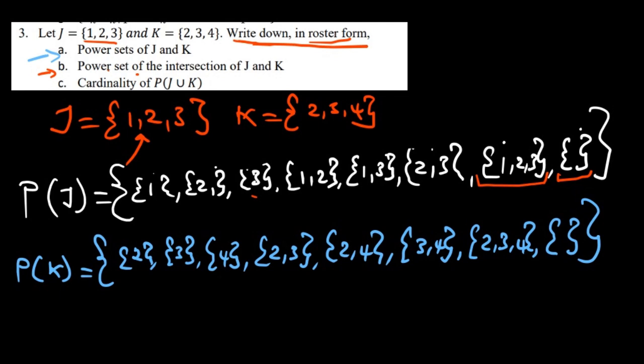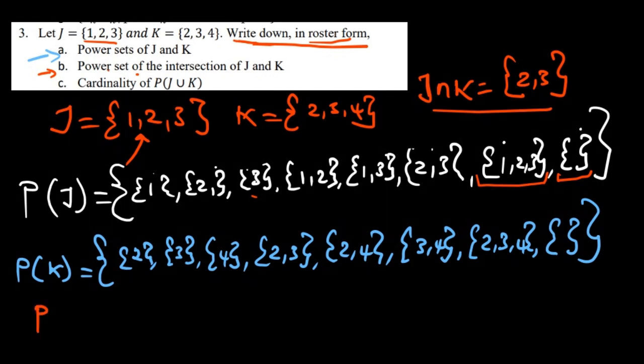We can get them from just these ones that we've listed, or if we want, we can first find J intersection K. So what is J intersection K? We are going to have 2 and 3. Now let's write the power set of this.